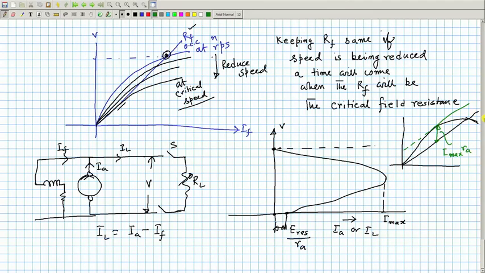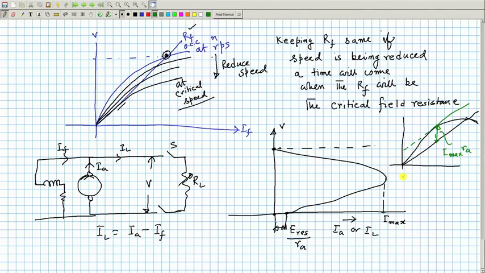So, if you have the OCC at your disposal and the field resistance line, then draw a line parallel to the field resistance line like this, then at the point wherever it touches, it will be a one valued function for a given current, given voltage. Otherwise, it is a double valued function. This we explained in my last class, from which you can estimate how much maximum current it can deliver.